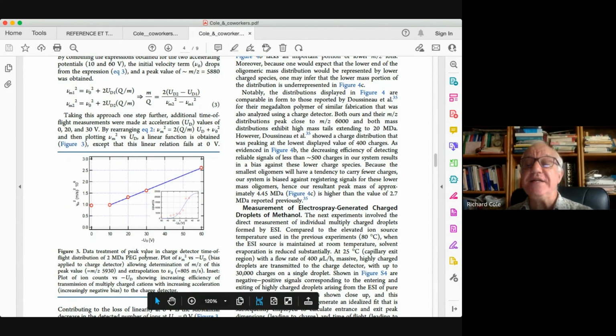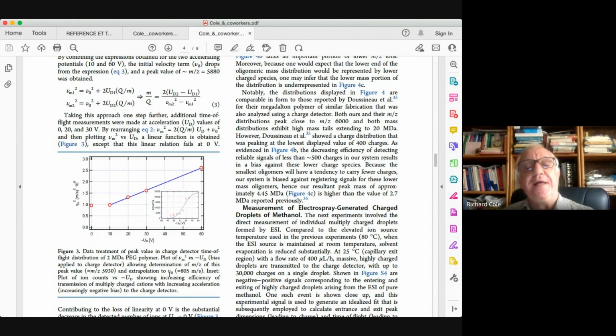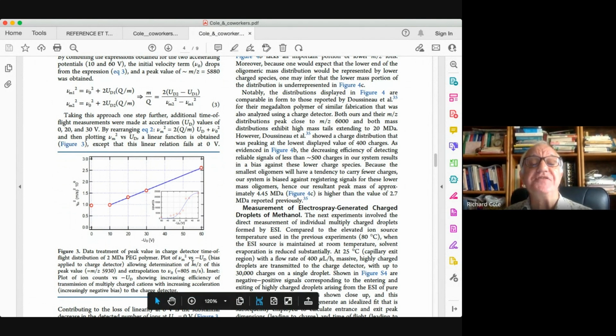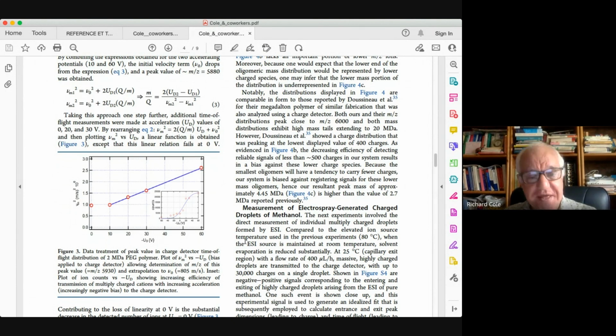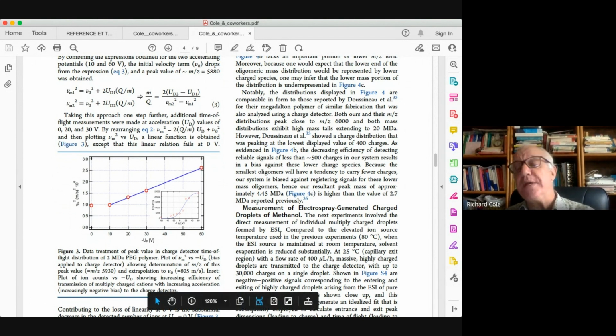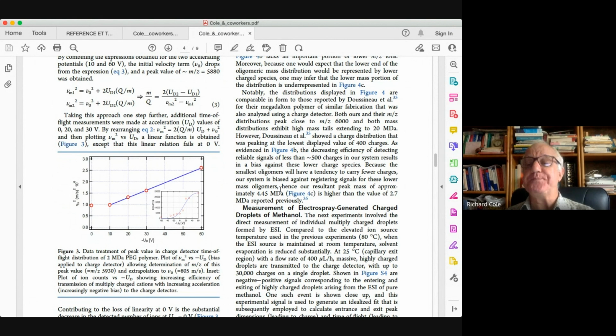And in addition, as I mentioned, we can do an extrapolation to v naught, our initial velocity, and we calculate that as 805 meters per second. That gives you an idea of how fast things are being pulled into the mass spectrometer. That's 805 meters, almost the length of a football field, per second. Not quite.